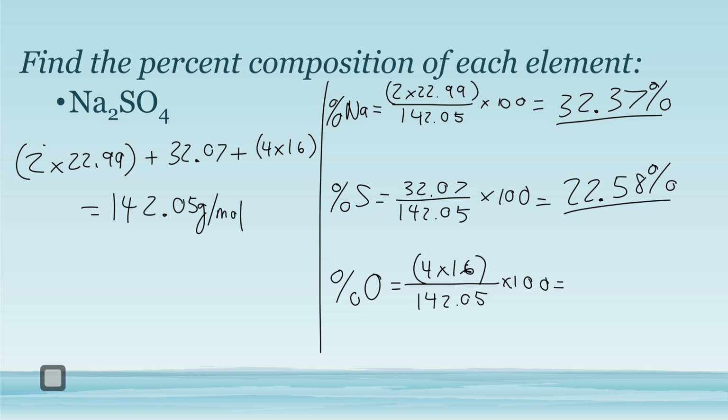Or since I already have it here, I can just do it. I'm getting 45.05%. All right, and I can already tell this is going to come out to 100% if I added up all those percentages. Yep, exactly 100. Okay? And again, it should.